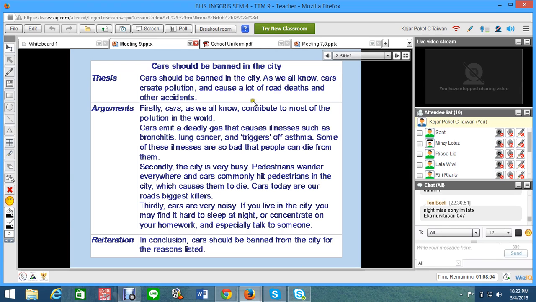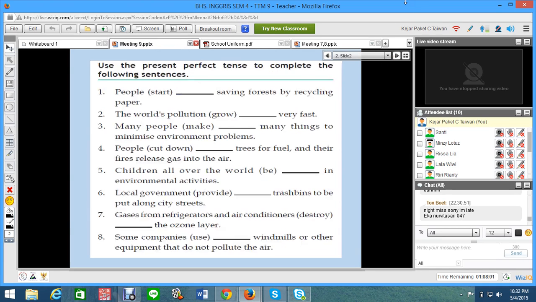If you don't have any questions, let's come to these exercises. Here I provide some exercises. Before we continue further, I want to know your understanding of present perfect tense.